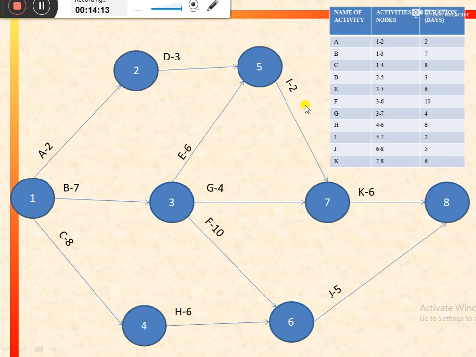This is the diagram that we have drawn in the first step. Now we need to calculate the earliest start time and earliest finish time of different activities.